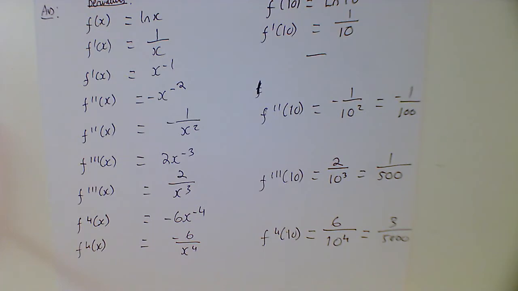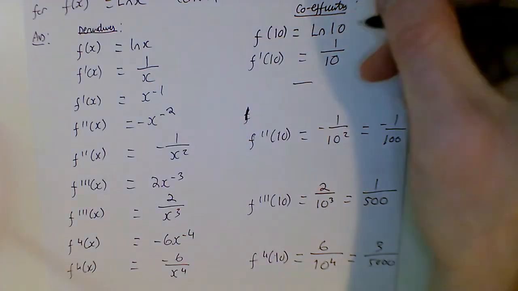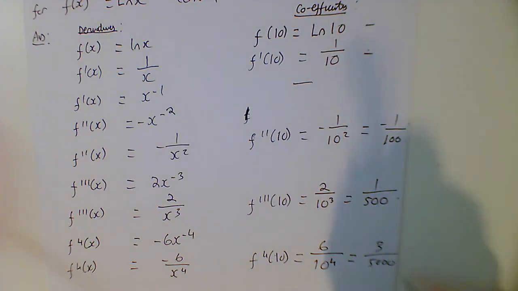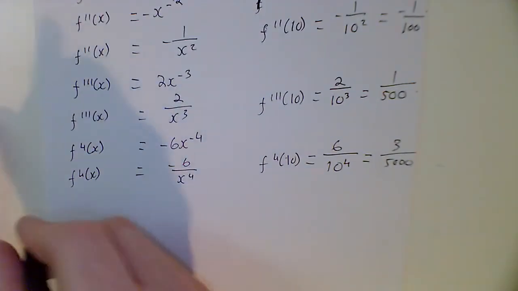Right, so how many coefficients do I have? Well, I've got 1, 2, 3, 4, 5. And that's how many I need. So I need to have 5 terms. Okay, so let's write down the formula.